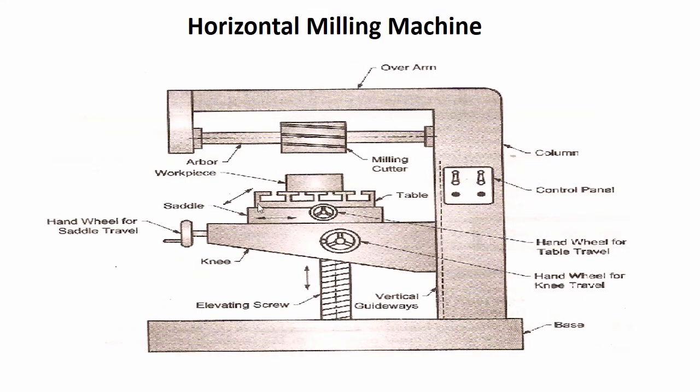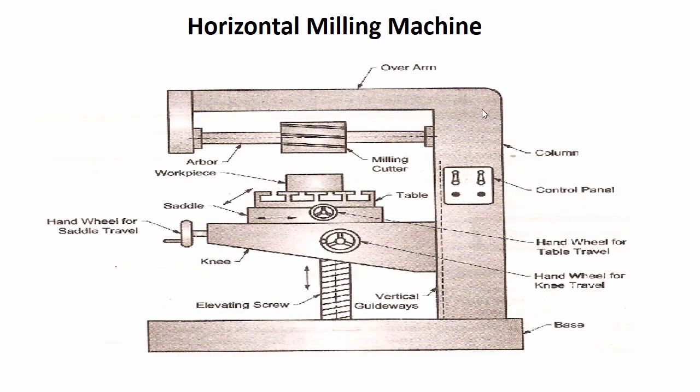If you consider the side view of the horizontal milling machine, the first thing that comes is the base. What is the function of the base? The base is going to withstand all the load and vibrations generated during the machining operation.